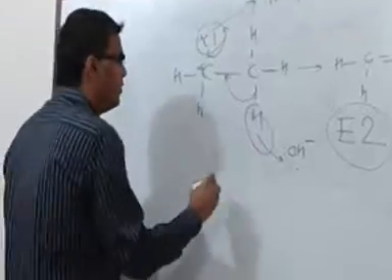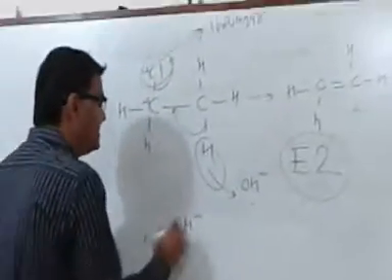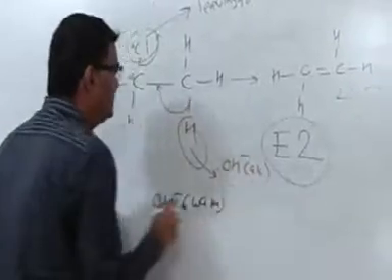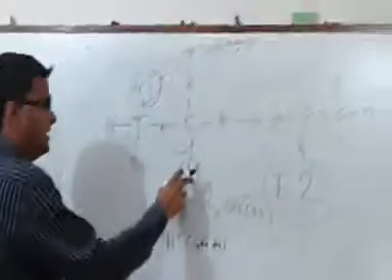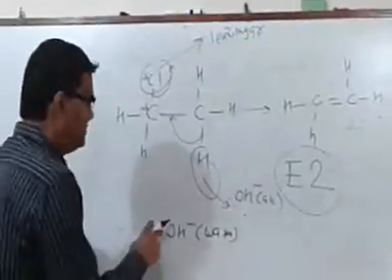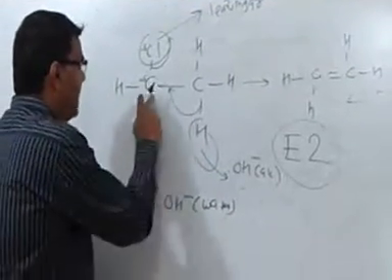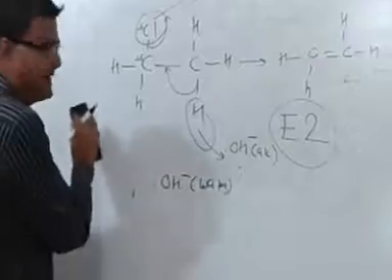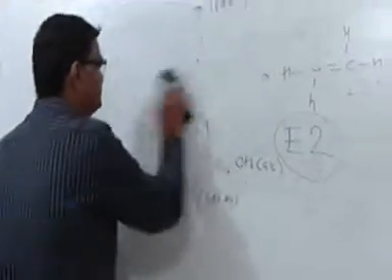Whereas, if this OH minus is weak, as in case of water, it will not be able to extract hydrogen here. It will choose another path. It will try to go to the carbon as a nucleophile and it will proceed to SN2 mechanism. Let us see what will happen here.